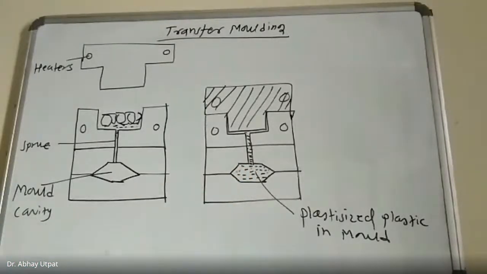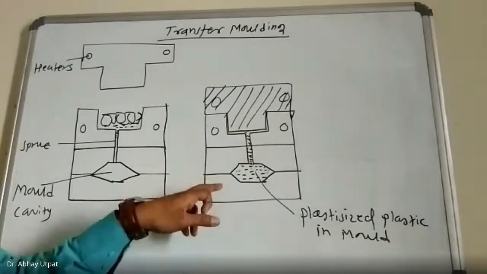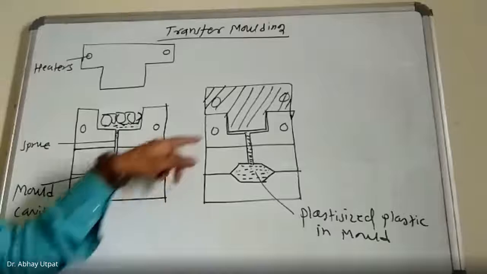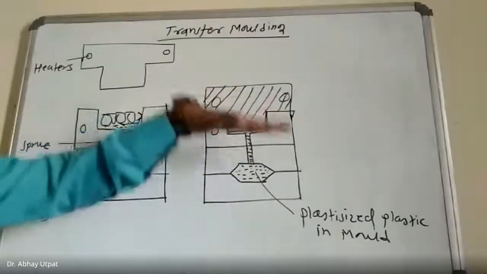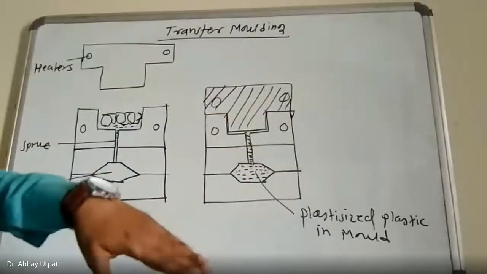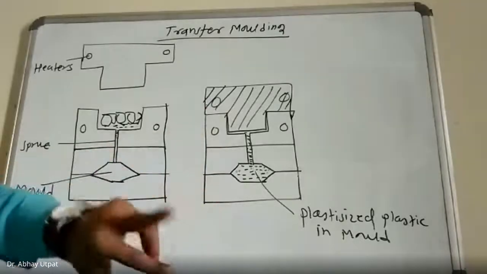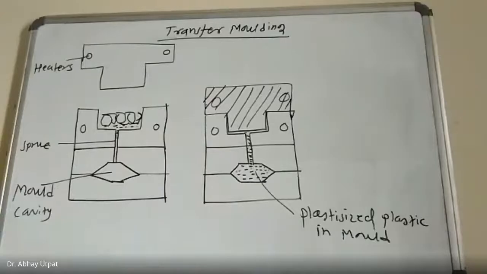In this way, it is a little more advantageous than only compression molding, and hence these heaters and other arrangements are separated from the mold. Sometimes it is difficult to work when things are integrated one over the other.